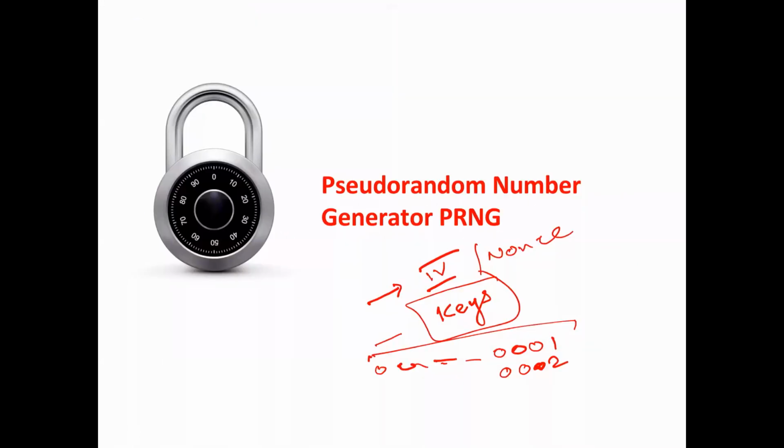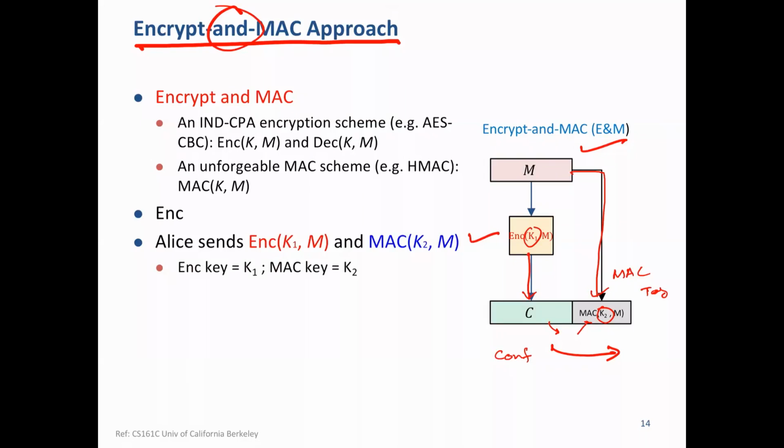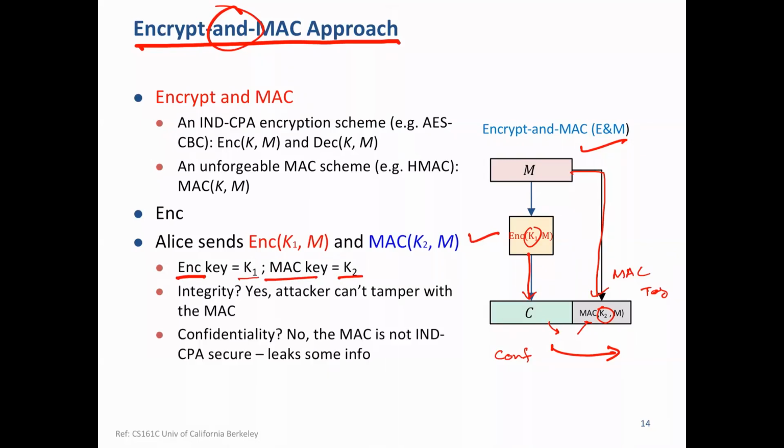Now what is the issue here? Note that we are using two keys, K1 and K2. K1 for encryption and decryption, and K2 is the MAC key. So integrity is fine, but confidentiality is not.